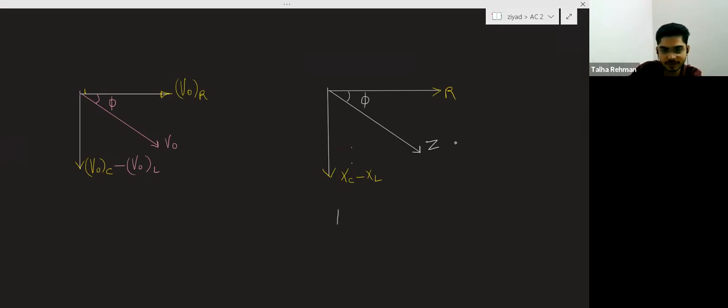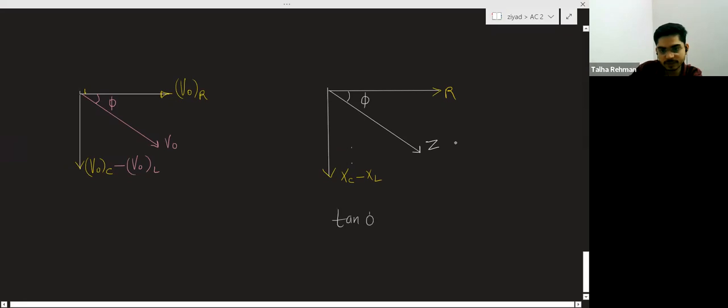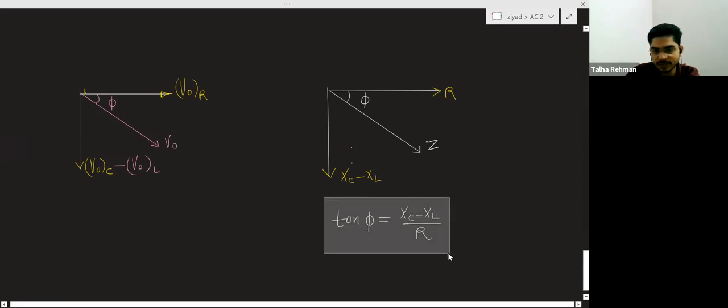From here, if you calculate tan phi, you will get XC minus XL divided by R. With the help of the property of the triangle, you can calculate this.